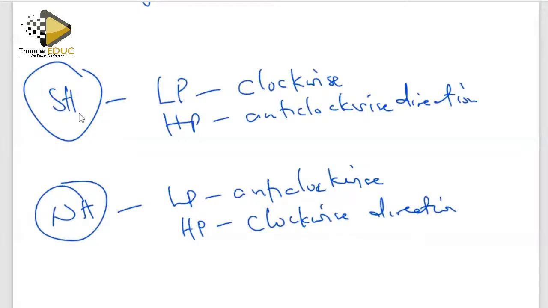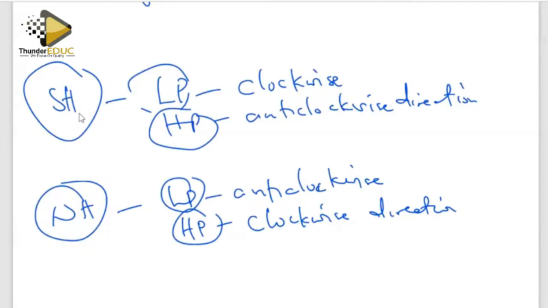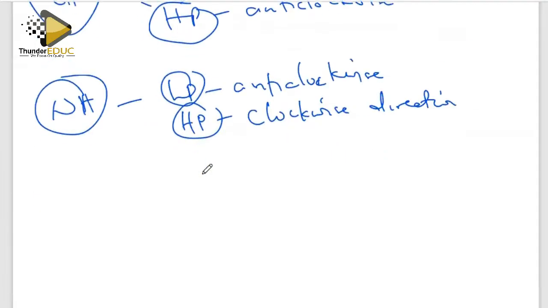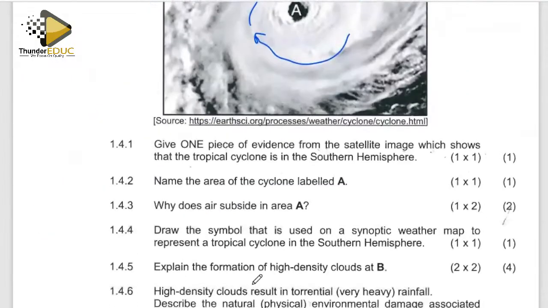That's the difference between the northern hemisphere and southern hemisphere in relation to circulation into the low pressure cell and out of the high pressure cell. It's the opposite of each other. So in this situation, our tropical cyclone is a low pressure cell and the circulation is clockwise in the southern hemisphere. Right. We move on to the next question.